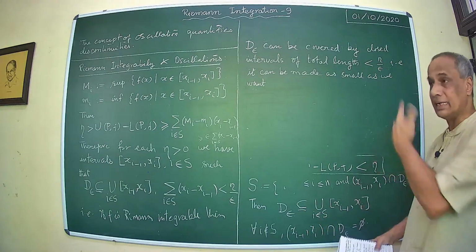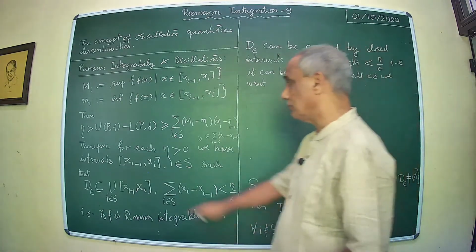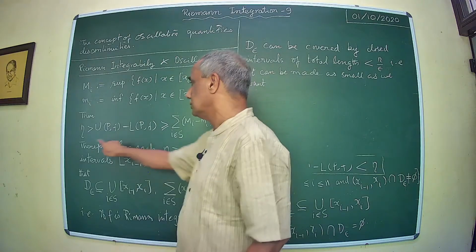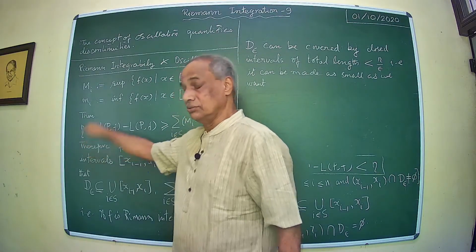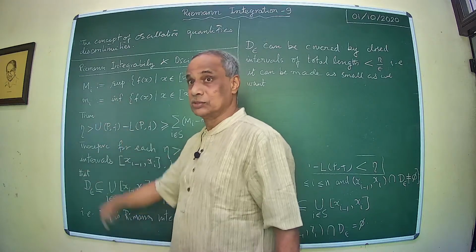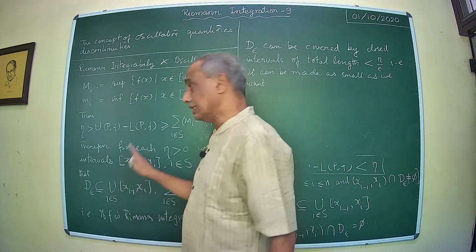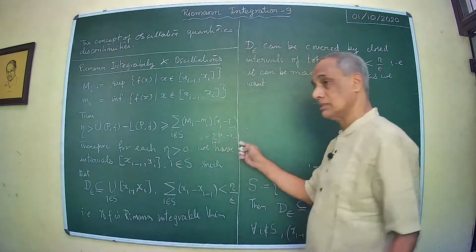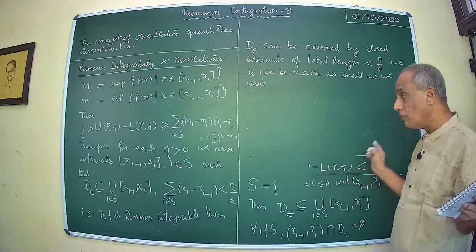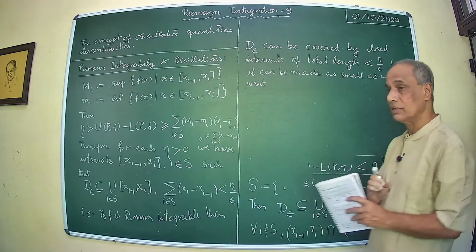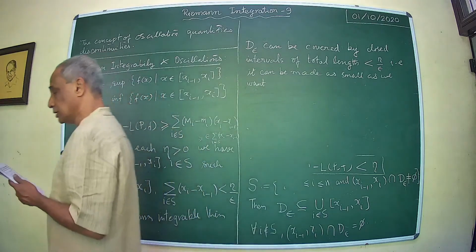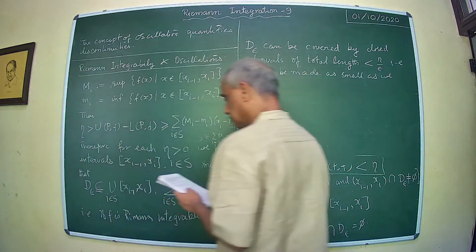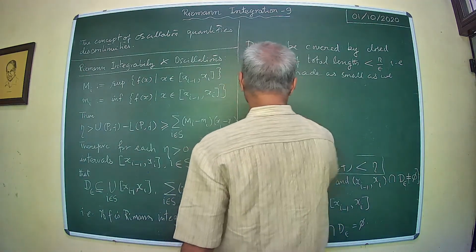So you can make it as small as you want, because if the function is Riemann integrable, the choice of eta is what you can make. The number of intervals will increase, but the total length of the intervals can be made as small as you want. So we have the following theorem.